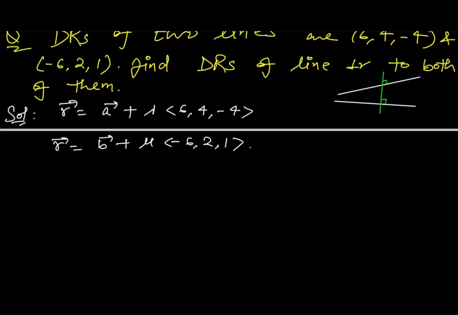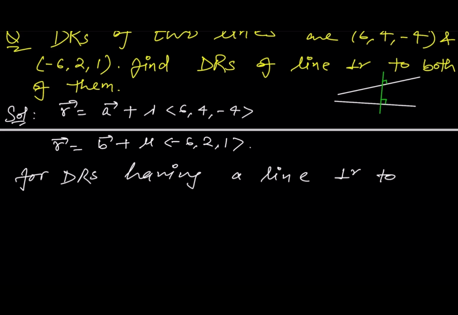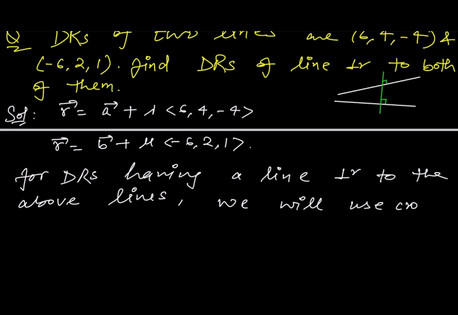Using cross product. So for DRs having a line perpendicular to the above lines, we will use cross product, right?